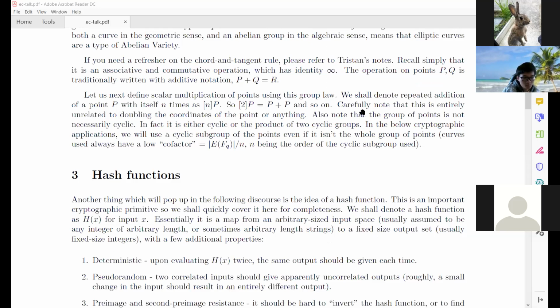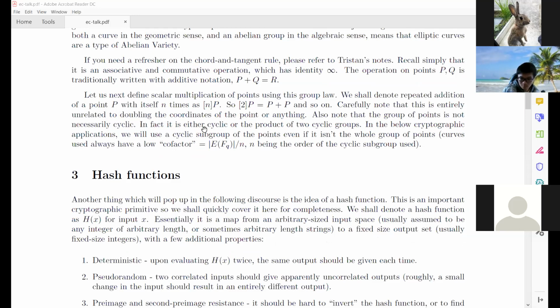Another thing to note is that the group of points on the curve is not necessarily cyclic, but in the cryptographic schemes we'll see below, we always use a cyclic subgroup. So we'll have a generator point, and we'll work in that cyclic subgroup, but that's not necessarily all the points on the curve.